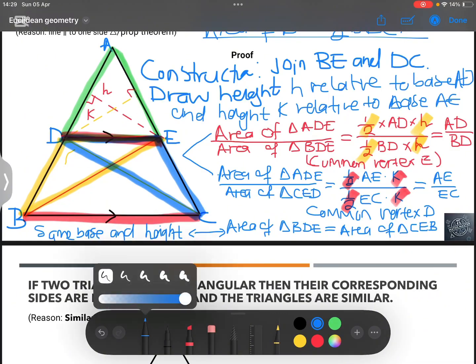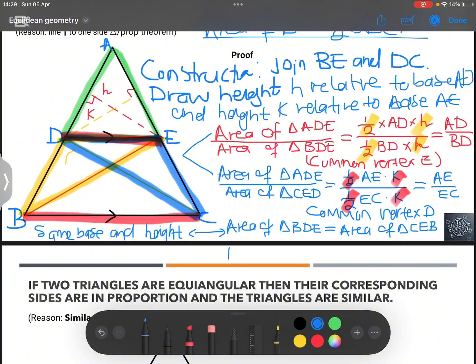Now we can conclude that the area of triangle ADE divided by the area of triangle BDE is equal to the area of triangle ADE divided by the area of triangle CED.